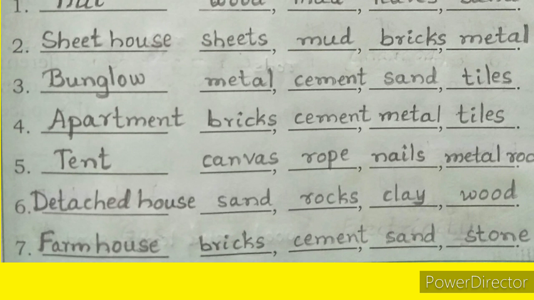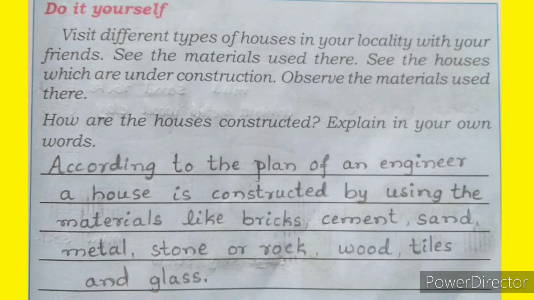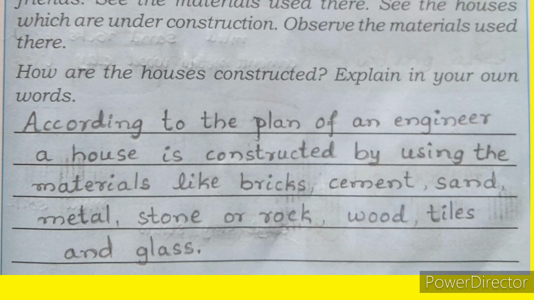So, like this, you complete this activity in your textbook, children. Next, now visit different types of houses in your locality with your friends. See the materials used there. See the houses which are under construction. Observe the materials used there. Okay. Next, how are the houses constructed?